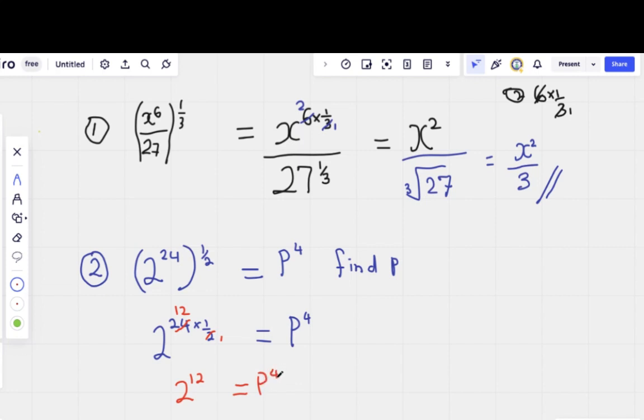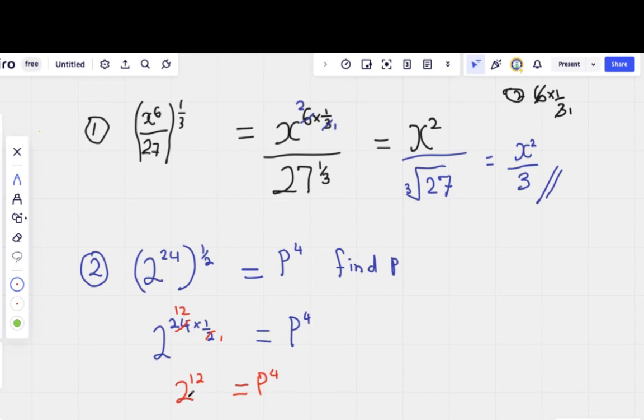Now here, they want us to find p. What we'll be doing is to find the power. Maybe x is always in the power or p is always in the power, not in the base. But what we have now is the base. This 2 to the power of 12, what number is that?